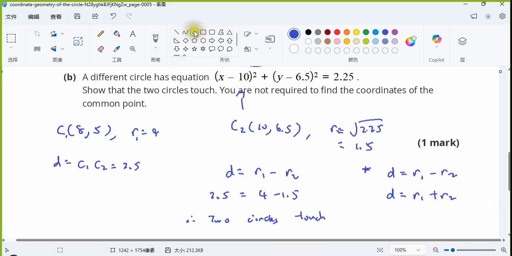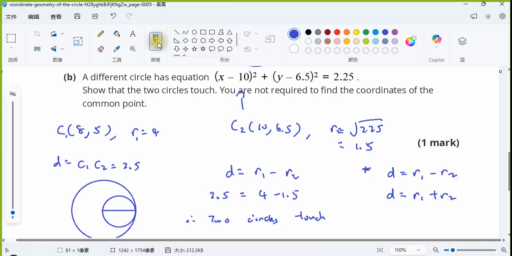For the first case, the graph is something like this. So we have the first radius. Maybe I can draw it more precisely, something like this for this case.